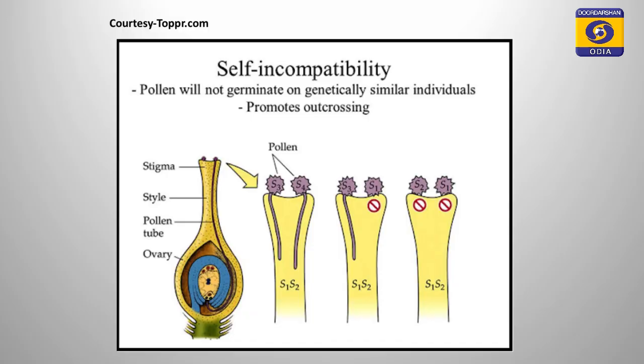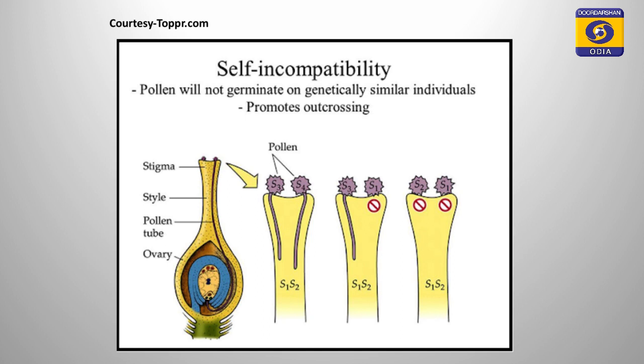So, this is self incompatibility. You can see when the pollen grains of a particular genotype S1 and S2 fall on the stigma, if the stigma has the same gene or same alleles of that S gene, which is present in the S locus, that is S gene alleles.